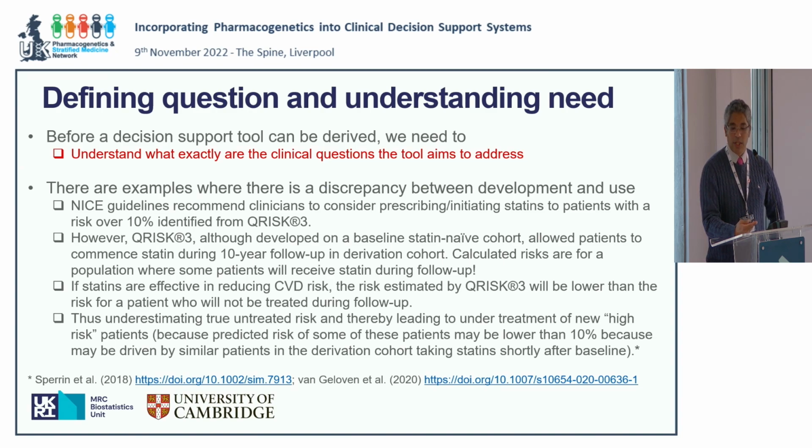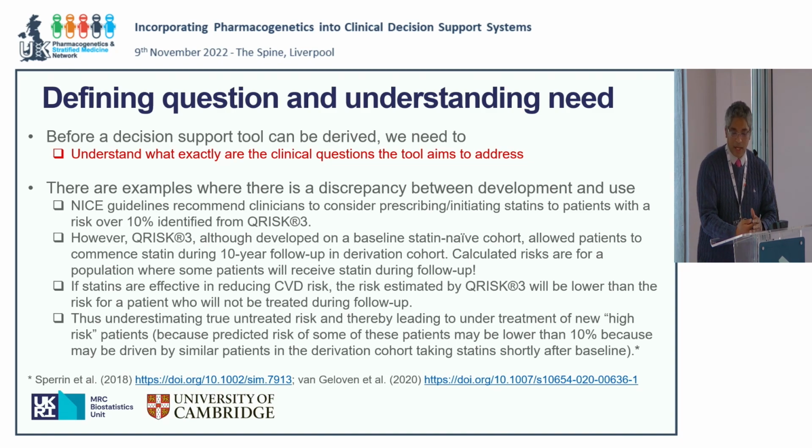So, before a decision tool can be derived, as I said, we need to understand what exactly are the clinical questions we aim to address. And here's an example where there's a discrepancy between the development and use, and this relates to QRISK3. The NICE guidelines recommend that clinicians consider prescribing or initiating statins to patients who have a risk, based on the QRISK calculator, of over 10%.